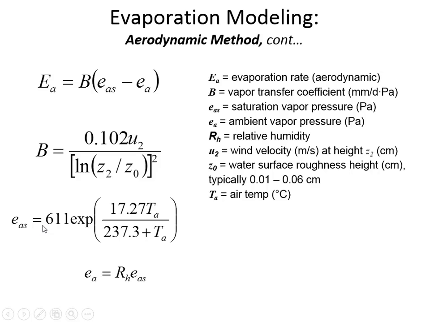There are other equations that are more accurate than this, but they're more challenging to solve and require a greater number of inputs. So this is an easy simplification, and it relies on the air temperature to find the saturation vapor pressure. If it's fully saturated with moisture, what would be the vapor pressure of liquid in the air? And then we measure the ambient vapor pressure as a function of relative humidity.